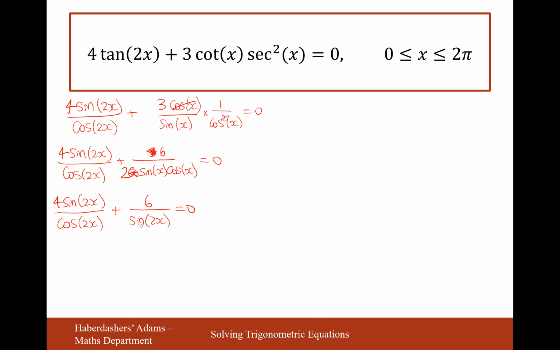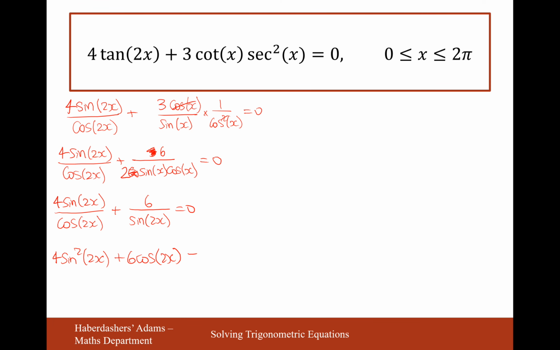Okay, the next thing I'm going to do is add these fractions together, and then if it equals 0, then it's just the numerator that's going to equal 0. So it's going to be 4 sine squared 2x plus 6 cos 2x, and then that will all be over cos 2x sine 2x, but whenever you've got a fraction that equals 0, it doesn't matter what the denominator is, it's the numerator that equals 0.